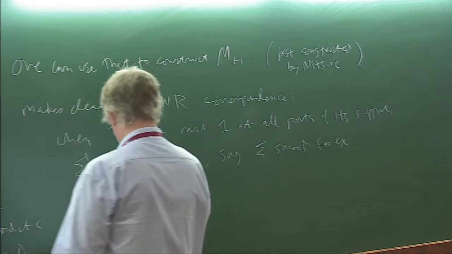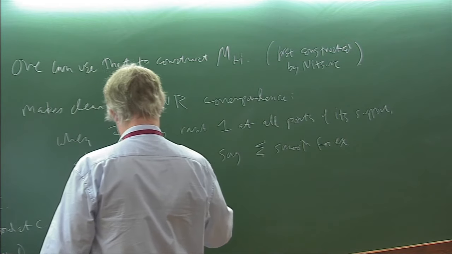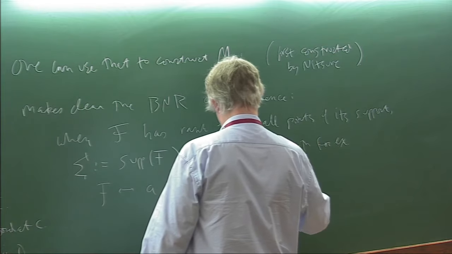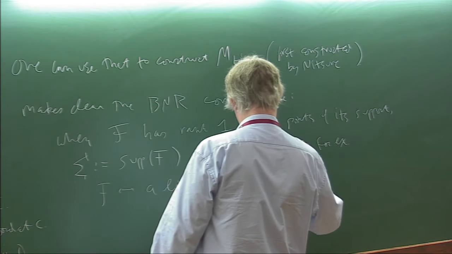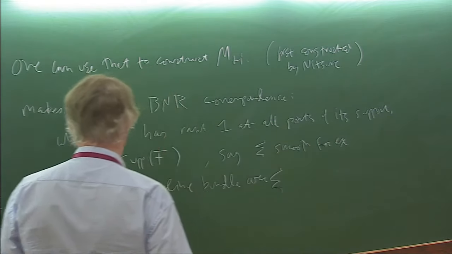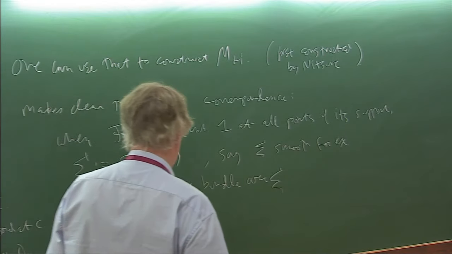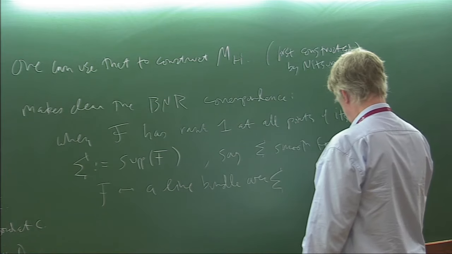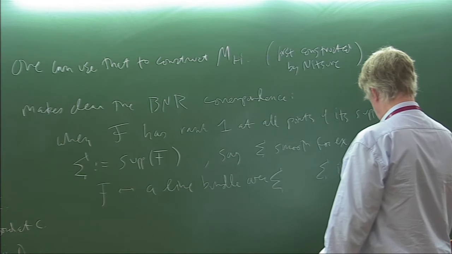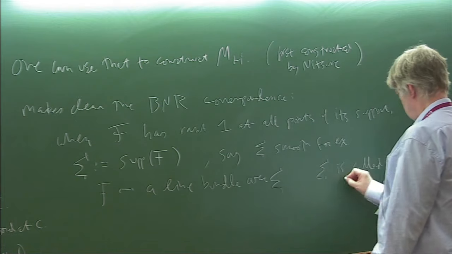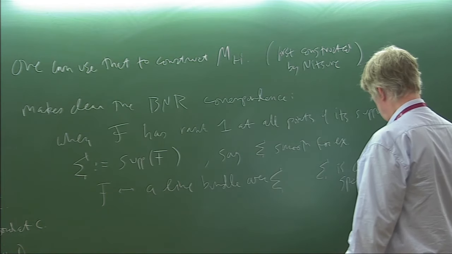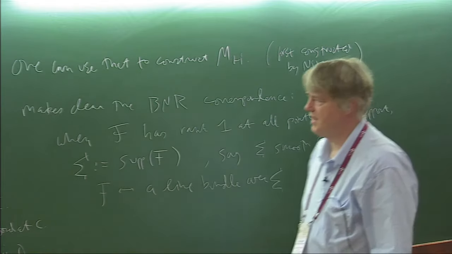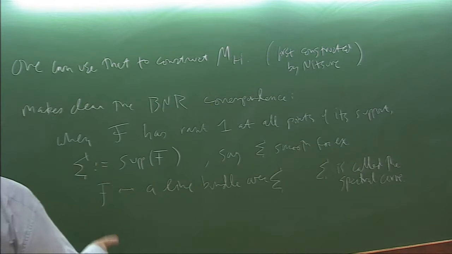Then F just corresponds to a line bundle over sigma, and sigma is called the spectral curve. Okay, so this discussion is supposed to uniquely determine what the spectral curve means.